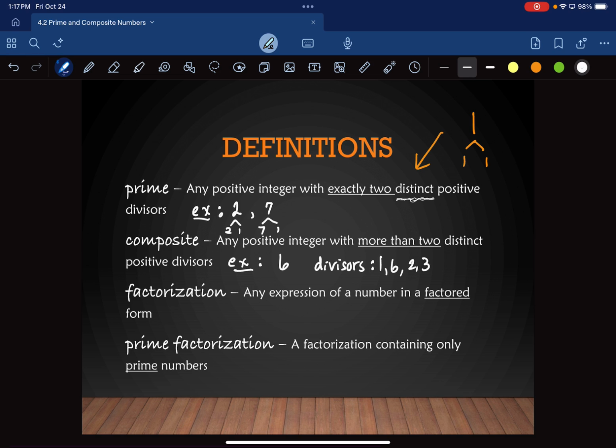Is 1 composite? With more than 2 distinct. Not more than 2, they're not distinct. So it says more than 2 distinct. It has the word distinct in there still. Is 1 composite? We said 1's not prime. 1 is also not composite, right?